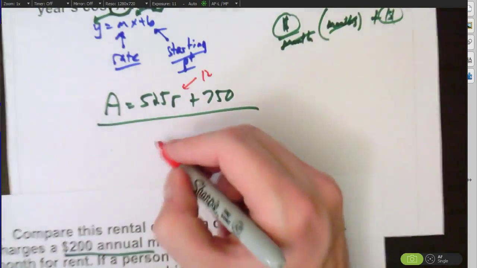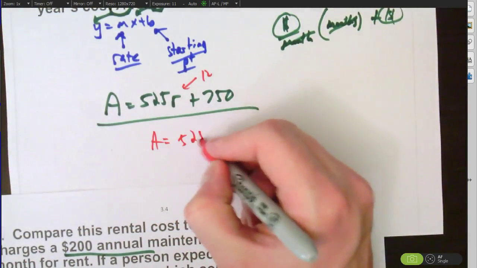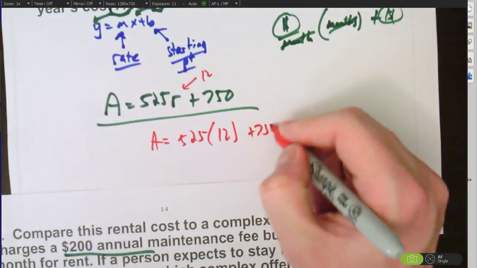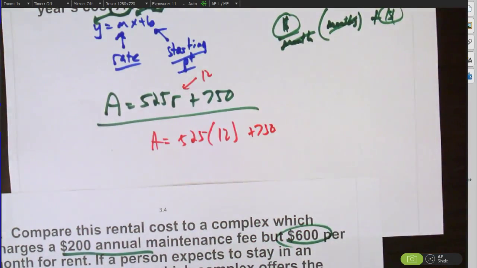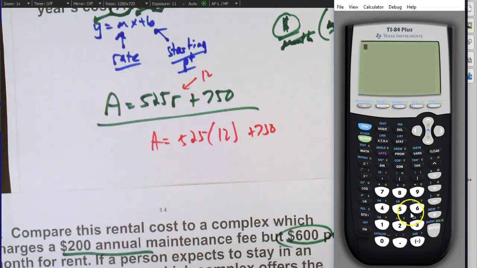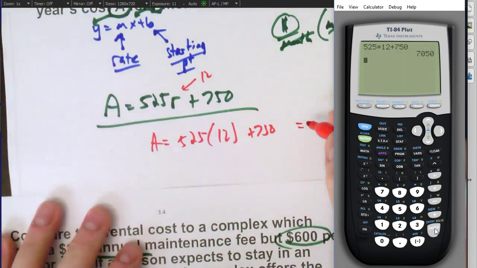So this one is A equals 525 times 12 plus 750. We're running short on time because this is going long, so I'm just going to plug 525 times 12 in and then add 750. For a full year, this one is $7,050.